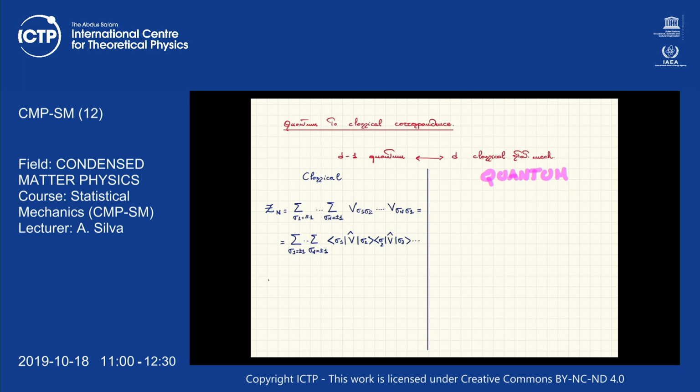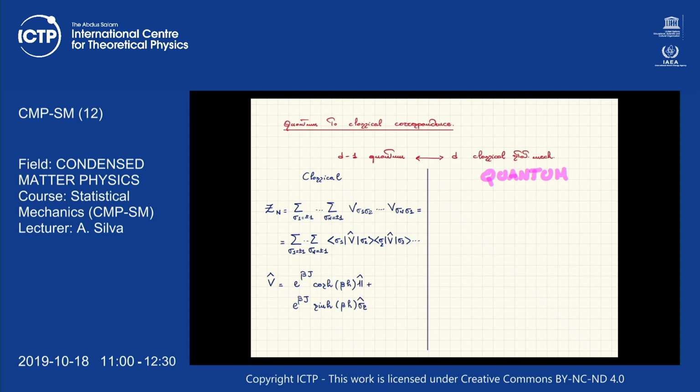Because I can define the operator in quantum mechanics V equal to e to the beta J plus times cosine hyperbolic of beta h times the identity plus e to the beta J sine hyperbolic of beta h times sigma z.